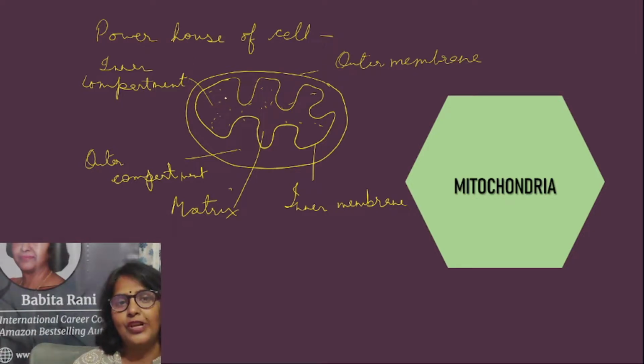Mitochondria is also known as a semi-autonomous organelle. Why? Because it has its own circular DNA. This is the circular DNA present in mitochondria. At the same time, it also has some ribosomes present in it, scattered in the mitochondria.